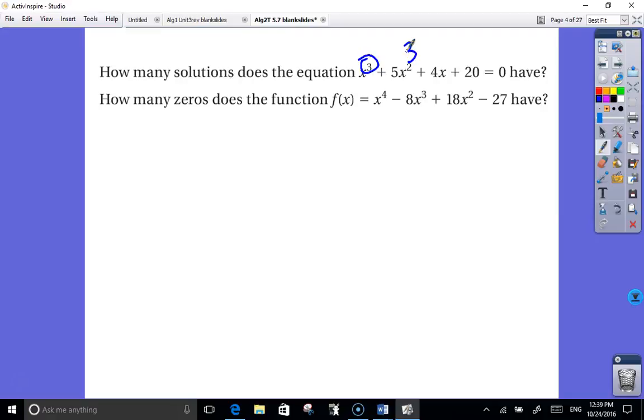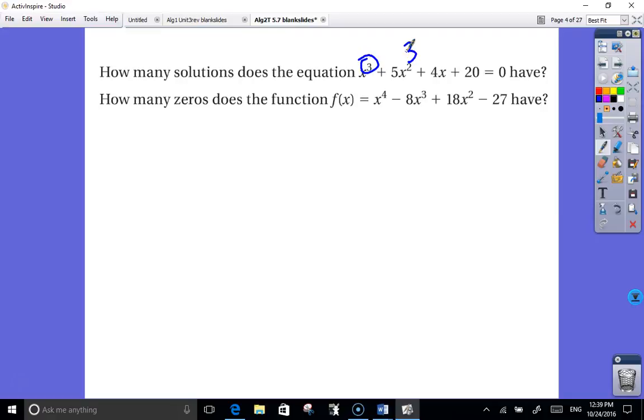Notice how they've restated the question. In the first one, it was an equation, an expression in x equals 0, so they say, what about solutions? In this one, they say, how many zeros does the function have? Because functions have graphs, and the zeros usually refer to x-intercepts. But they're equivalent. We're supposed to know that solutions of an equation are the same thing as zeros of the function.